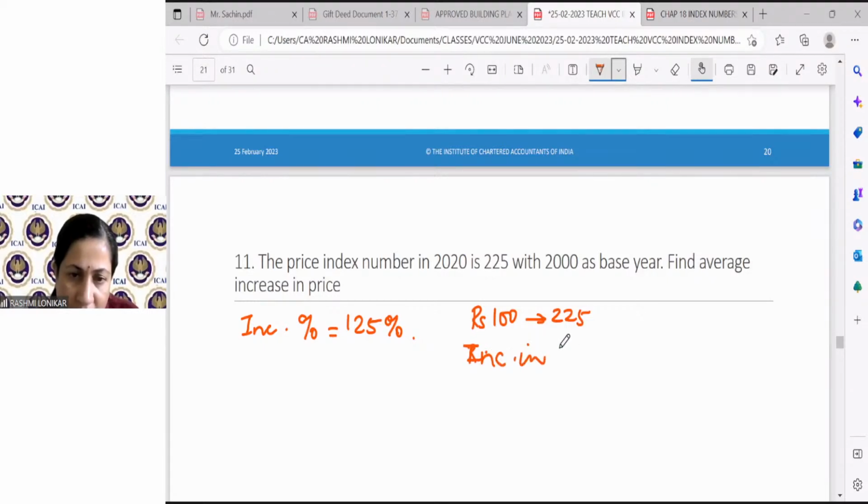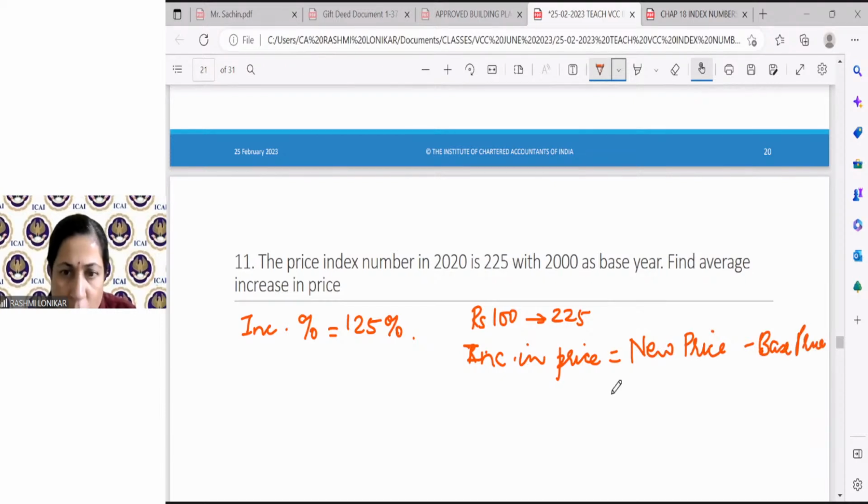Increase in price is equal to new price minus old price, base price. New price is 225 minus base price is 100, which is equal to 125. Okay. If they ask you increase in percent, what is this?